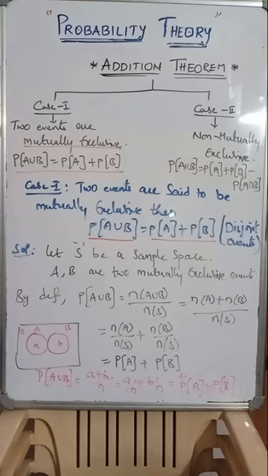So this is the addition theorem under the mutually exclusive case. P of A union B equals P of A plus P of B. Totally disjoint. There will be no connection at all. Totally excluded, both the events. Right? So one event prevents the total events of others in a single trial of any random experiment. Clear guys? This is addition theorem case 1.